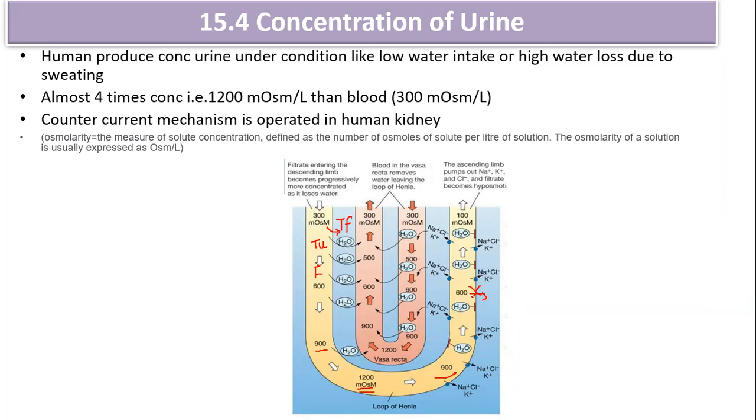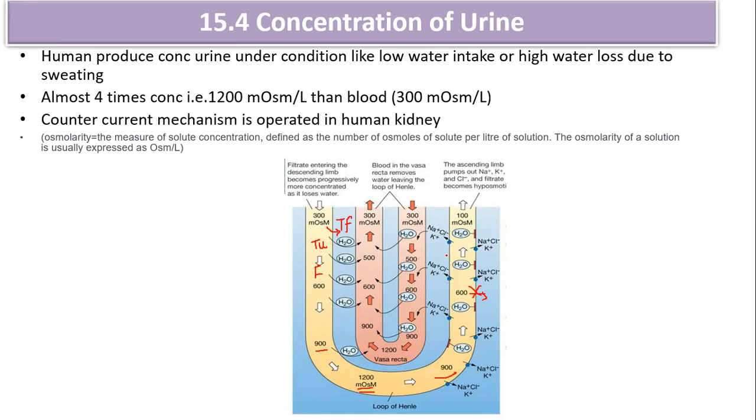So the cells of the ascending limb are going to reabsorb the sodium and chlorine from the tubular fluid because it becomes permeable to salt. So the cells of the ascending limb are going to reabsorb sodium and chlorine from the tubular fluid.